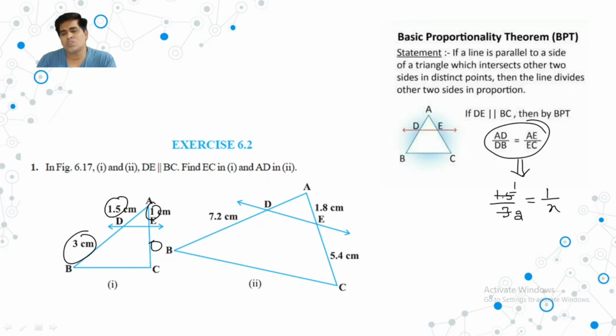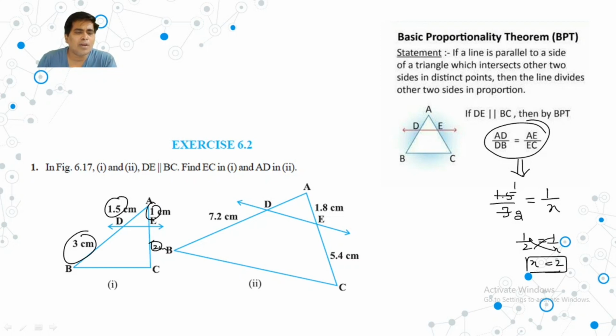Why? Because 3 is twice of 1.5. So 1 by 2 is equal to 1 by x. Cross multiply, you will get the answer. So x is equal to 2. So based on the basic proportionality theorem, we got this EC value as 2 centimeters.